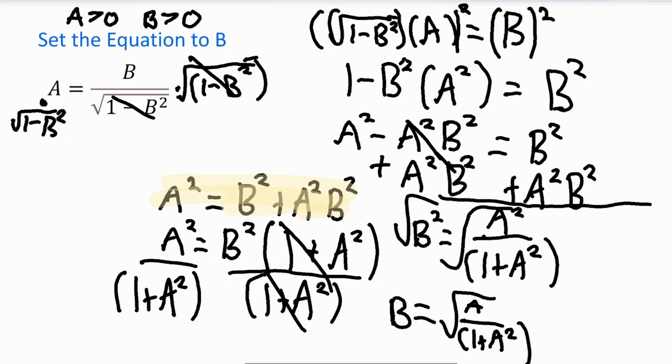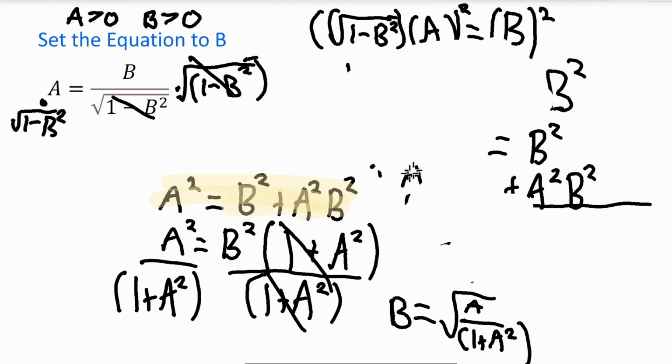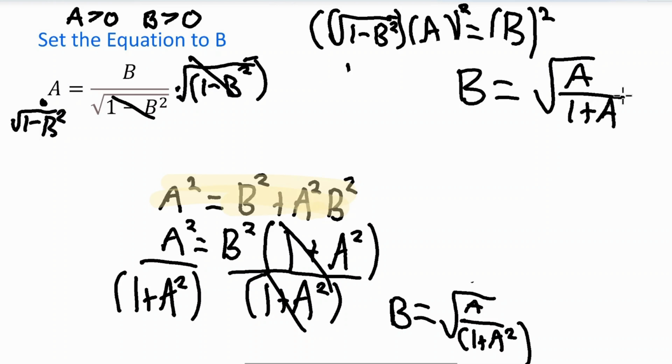Okay, let me make some more room here. I'm going to erase this stuff. So let me rewrite this. B is equal to the square root of a over 1 plus a squared. Oh, sorry, this is supposed to be a squared.